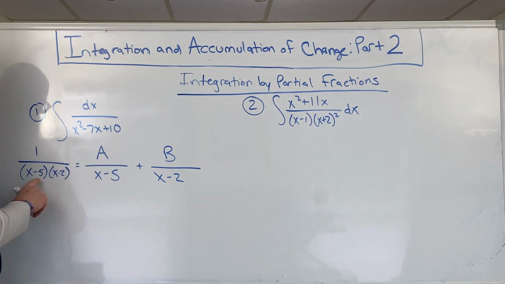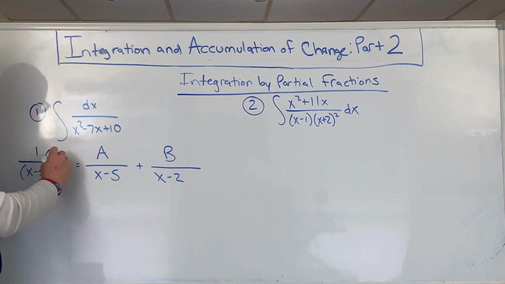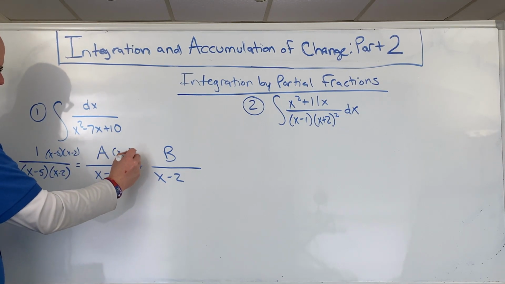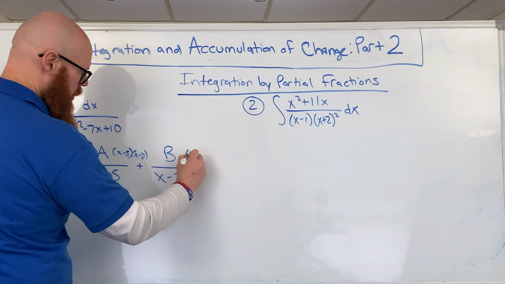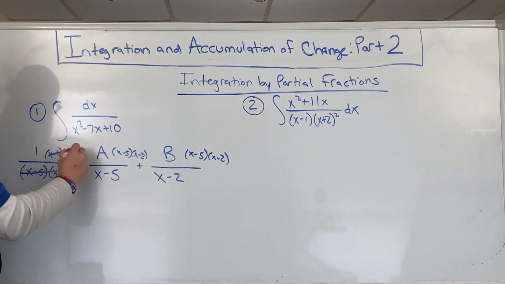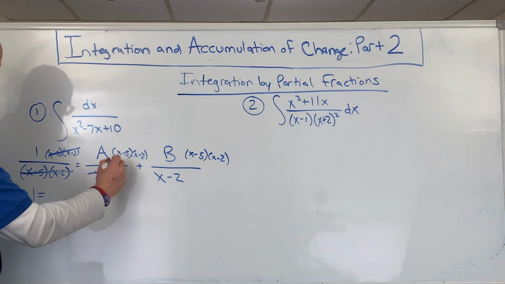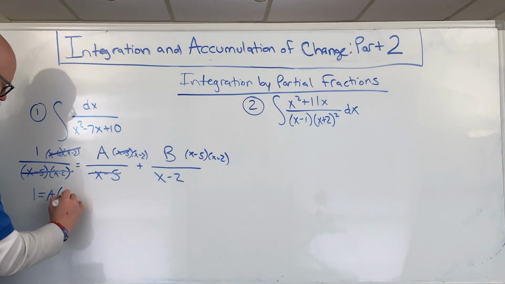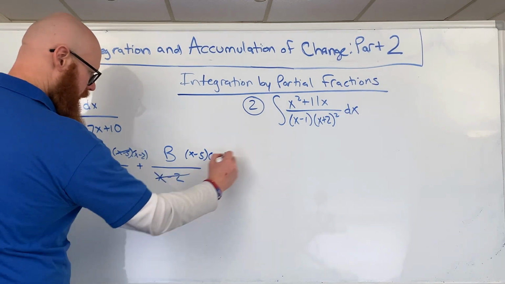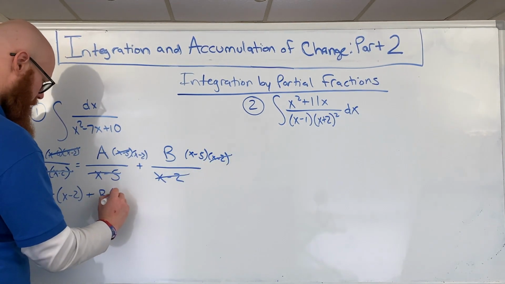I'm going to multiply through by this denominator. So this cancels out, I'm left with 1. This goes away, so I'm left with a times x minus 2. Plus this cancels, so I'm left with b times x minus 5.